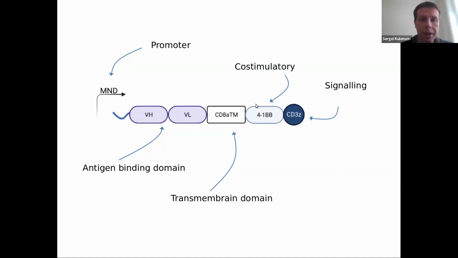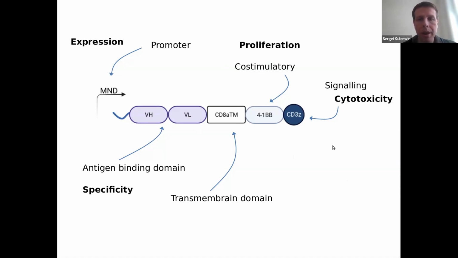So it's really quite important to put the right promoter into your constructs. Then you have the antigen binding domain that will recognize the target on tumor cells, the transmembrane domain, and the co-stimulatory and signaling domains. So we have cytotoxicity, proliferation, expression, and specificity, which will be determined by different parts of chimeric antigen receptors.